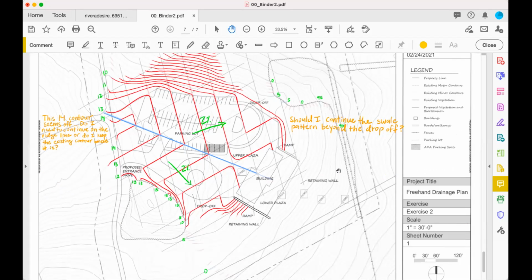Alrighty. 14 contour seems off. Should I continue the swell pattern beyond the drop off? You don't necessarily have to. Once we put the curve in, you actually have an outlet.